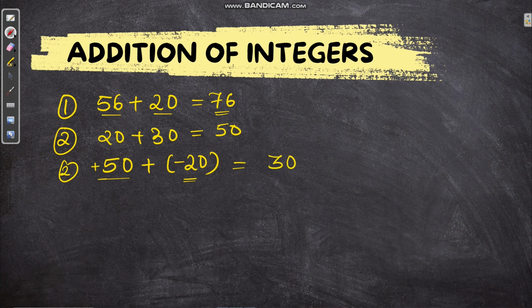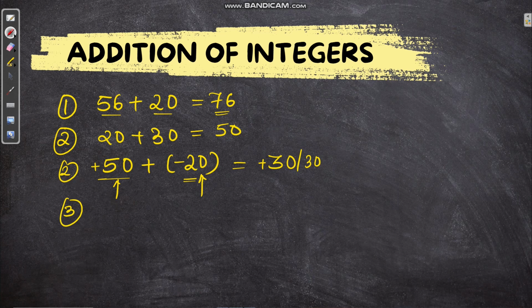Now which sign will come to this number 30? Whichever is the greater number, that sign will come. You need to ignore the signs. Ignore the minus sign of 20 and the plus sign of 50. 50 is greater than 20, and 50 is a positive integer. So your final answer will be plus 30 or simply 30.